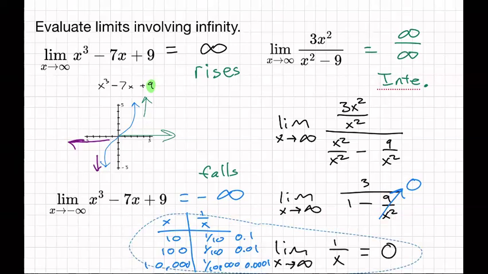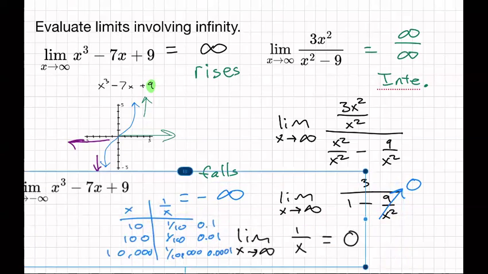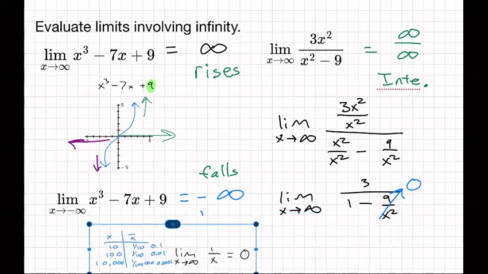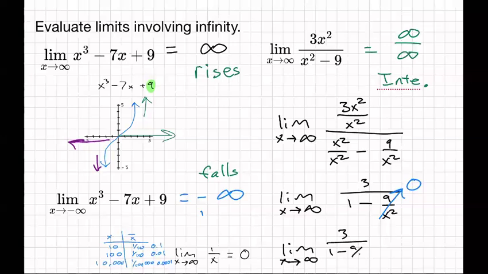I can say, if that's approaching 0, then this limit here just equals 3 over 1, which is equal to 3.